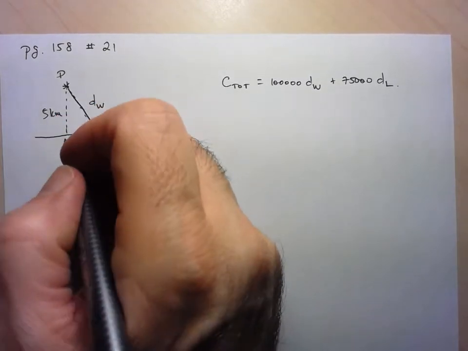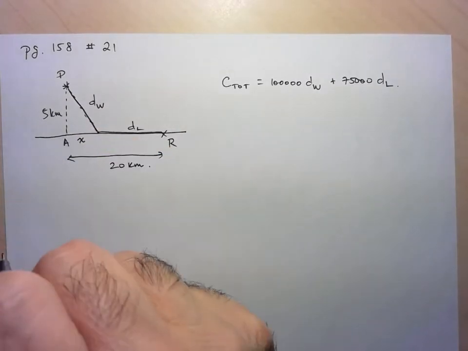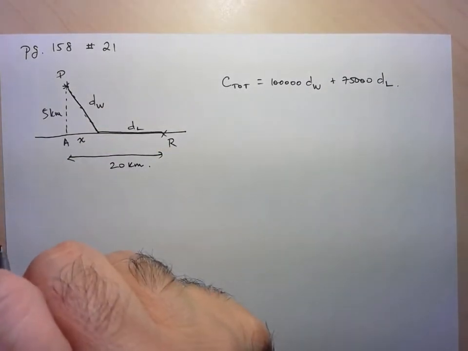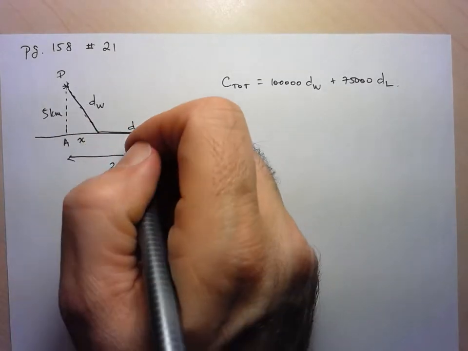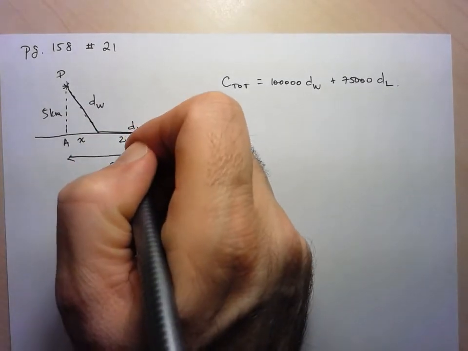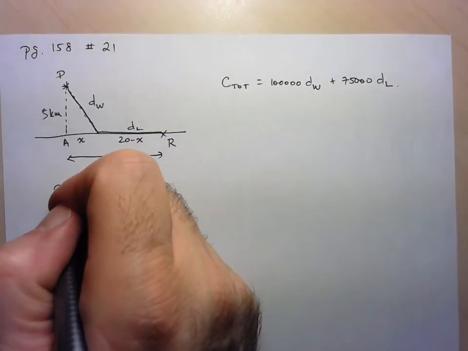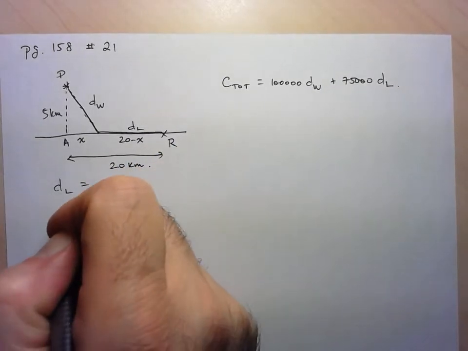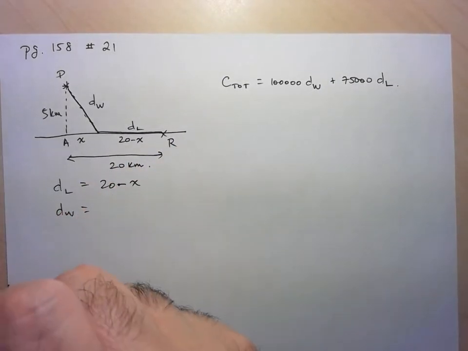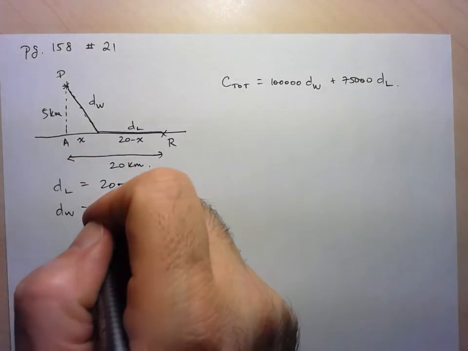So what we choose to do instead is let's use this distance as a variable, which I'll call x. So it makes my Pythagorean expression easier, and dL just becomes 20 minus x, which is a very easy function to deal with. Okay, so we have distance on land, 20 minus x, and our distance along the water is just going to be the square root of x squared plus 5 squared.